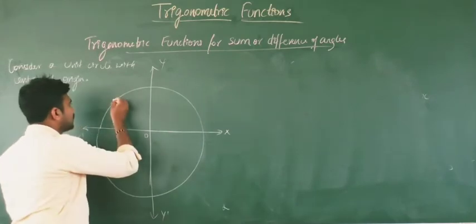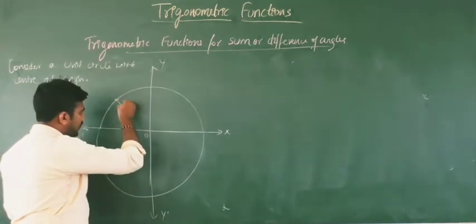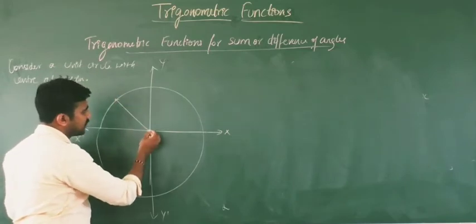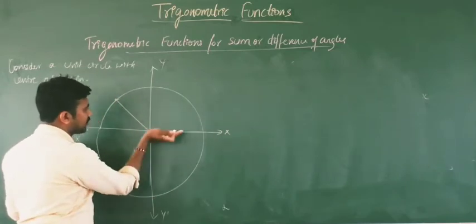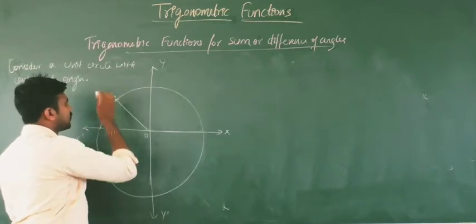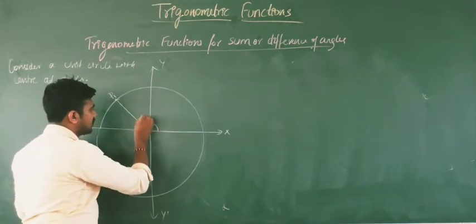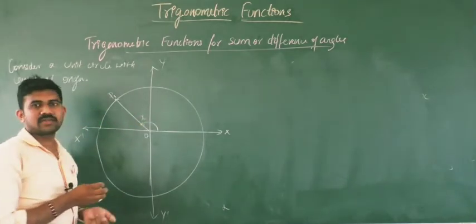Now, I'll mark some points on the circle. I'll take one rotation of a line. OX is a line you have. If you rotate that till here, this point I'll consider as P1 with the central angle x measured in anti-clockwise direction.